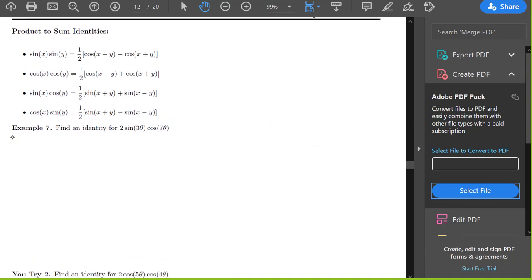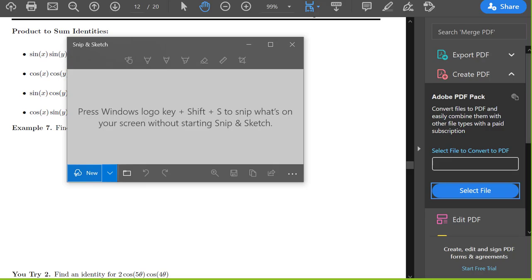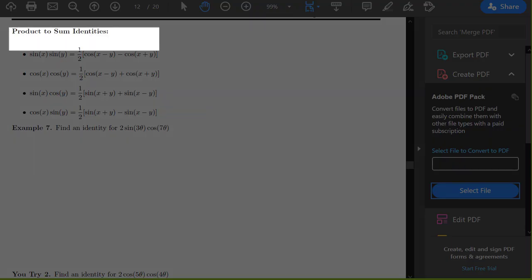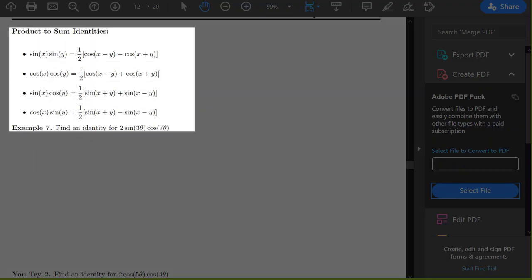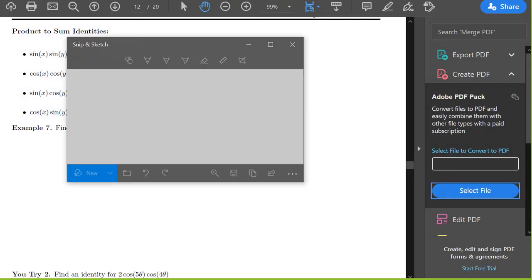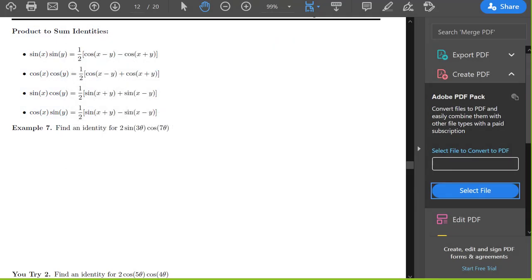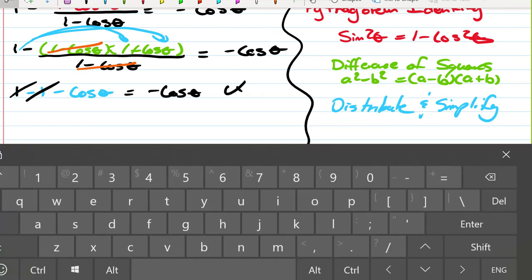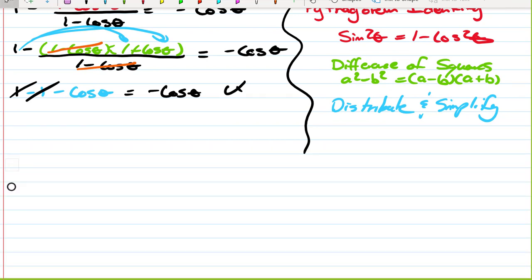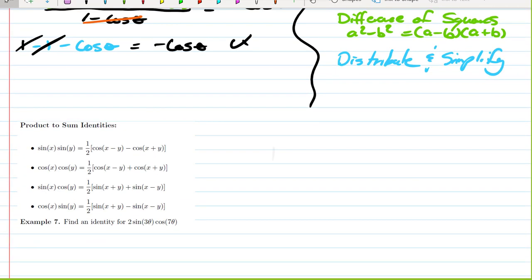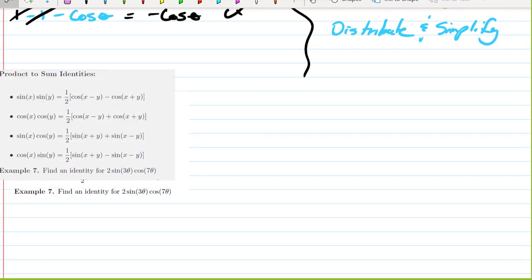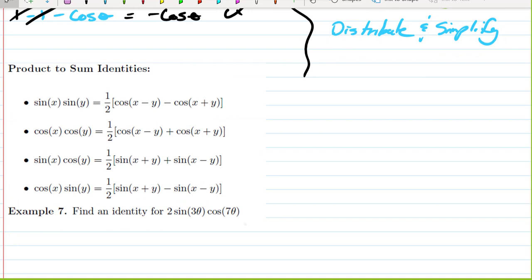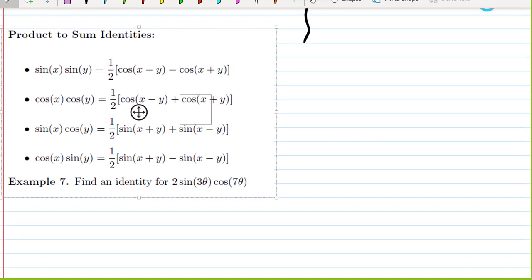Alright, so there are some other identities that we should be aware of, and they do come up from time to time, but as I mentioned, there's a whole bunch of trigonometric identities, and I wouldn't recommend trying to memorize all of them.